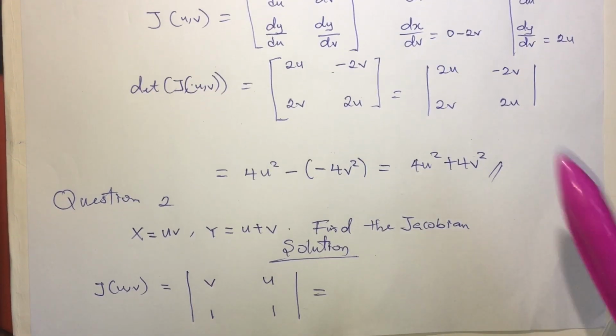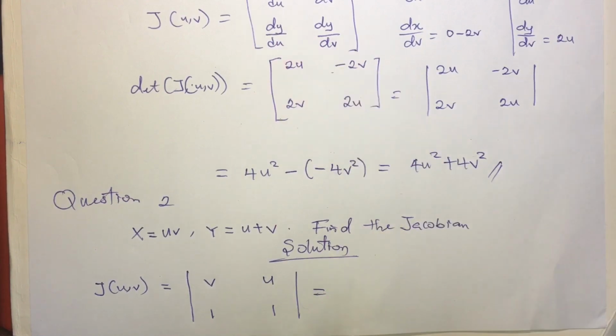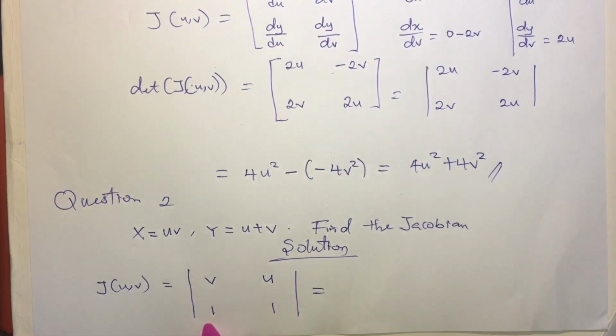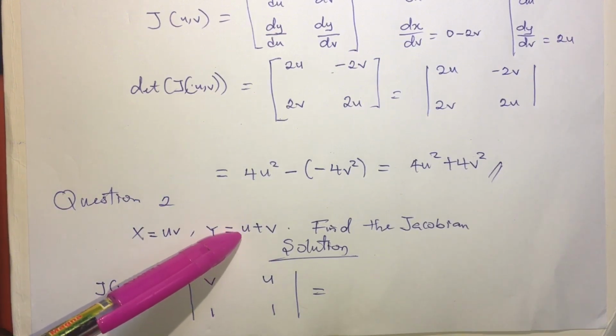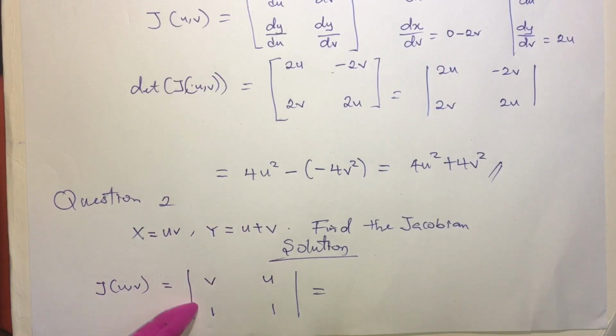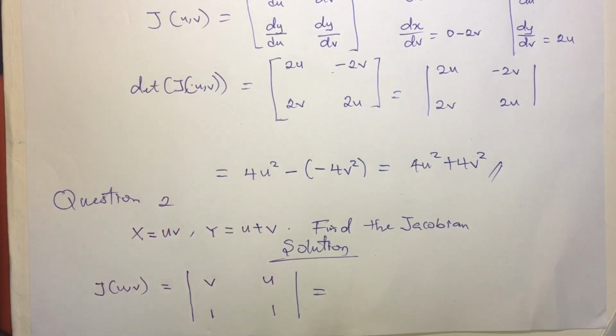Now differentiating y with respect to u, we have 1, simply because if we differentiate this function u with respect to u, we have 1, and if we differentiate v with respect to u, we have 0. So we have 1 plus 0, which is equal to 1.